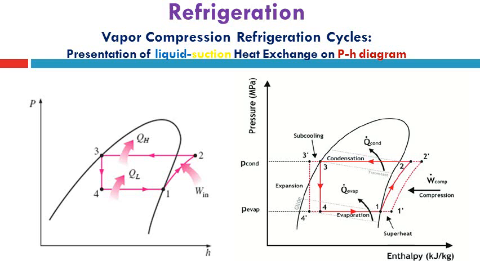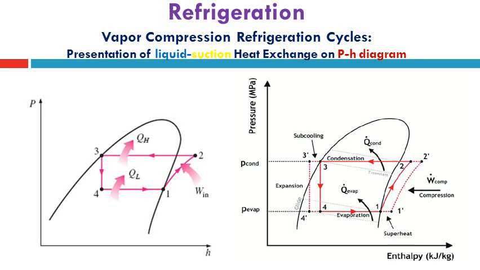After we have solved 5 problems based on the simple vapor compression cycle, we could see some problems which may include a liquid suction heat exchanger, which superheats the vapor going out from the evaporator before entering the compressor.